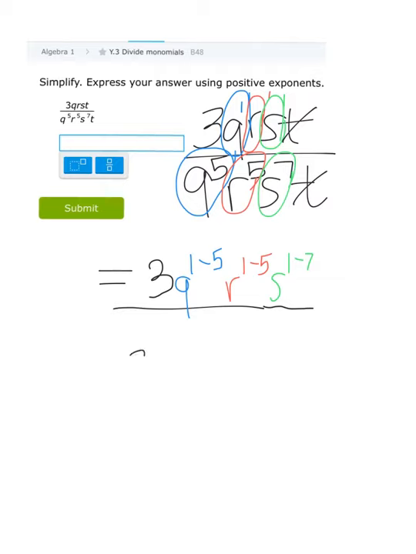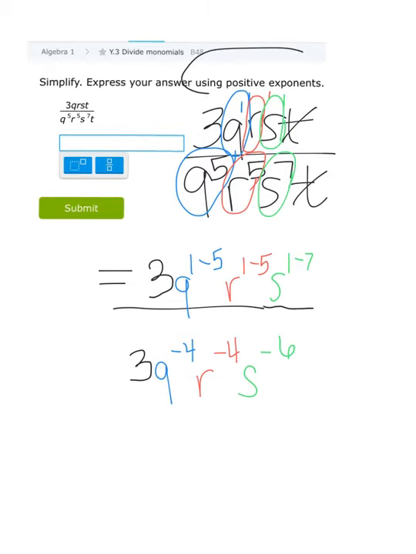So I still have 3. Q to the 1 minus 5 would be negative 4. R to the 1 minus 5 would be negative 4. And then S to the 1 minus 7 would be negative 6. Alright, so this is technically correct, but we never want negative exponents.